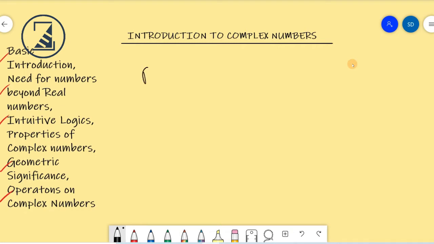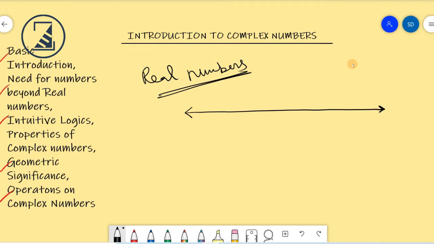So first, let's talk something about real numbers. We all know that we represent real numbers on a one-dimensional line called the real number line, and this is represented like this. Here are my natural numbers, here are my negative integers, and we can find rational numbers here.